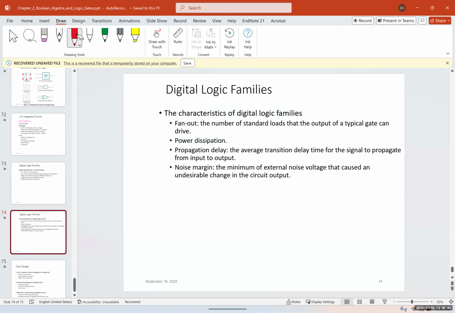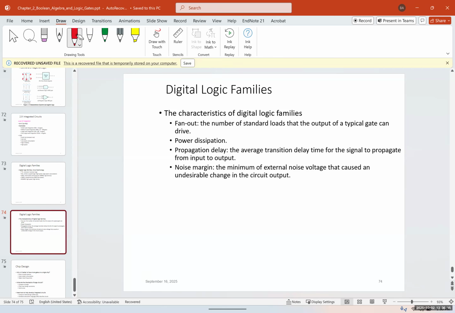The characteristics of digital logic families: we have the fan out, which is the number of standard loads that the output of a typical gate can drive. If you put too much load on a logic gate, you're going to destroy it. For the logic gates in the lab, you could turn on one LED with them, which indicates if you have a logic of 0 or 1. If you connect 4 or 5 LEDs to that, it cannot support them with enough power, so it's going to damage the system.